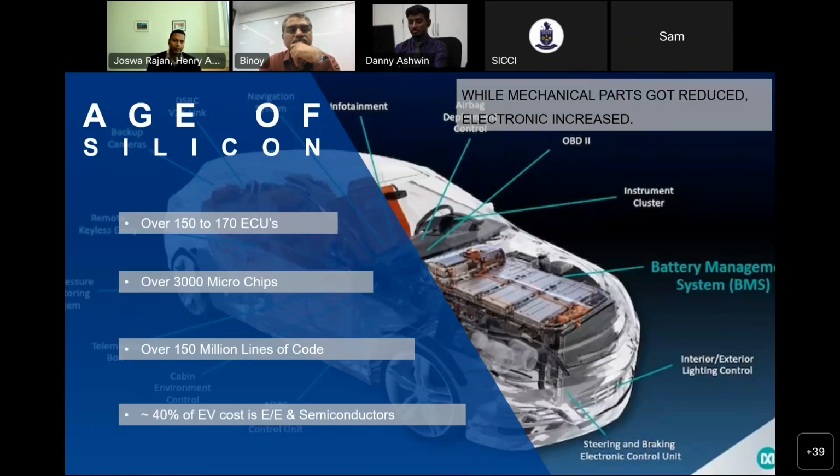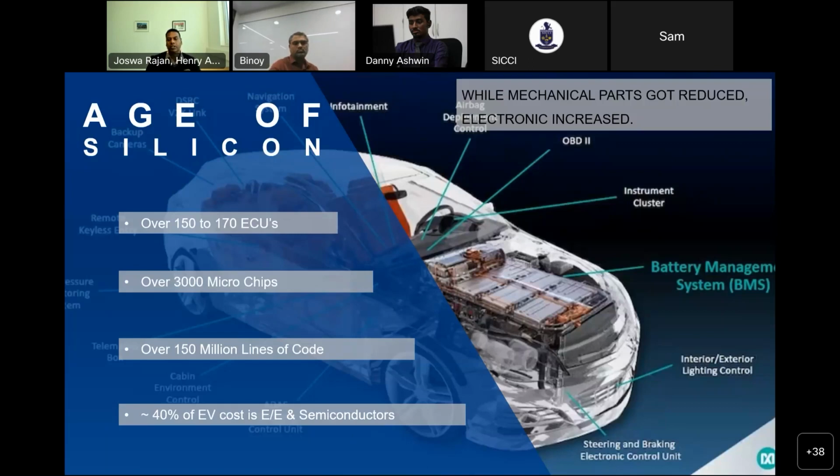In the conventional combustion world, a premium car would have around 100 ECUs. But now in EV, even a regular, non-premium car has around 150 to 170 ECUs, and over 3,000 microchips. The electronics contribute almost 40% of the vehicle's cost.